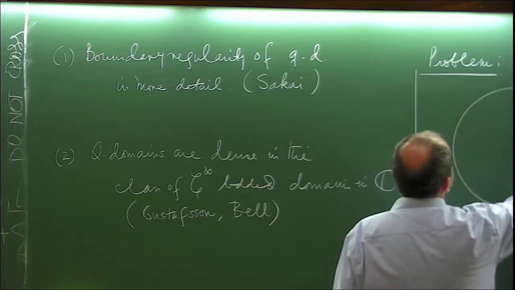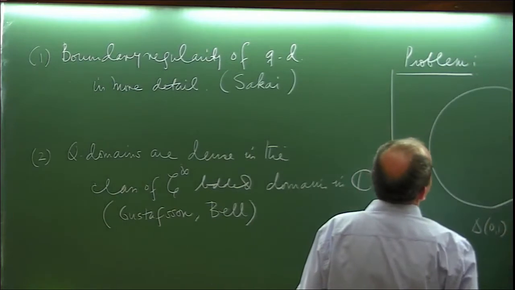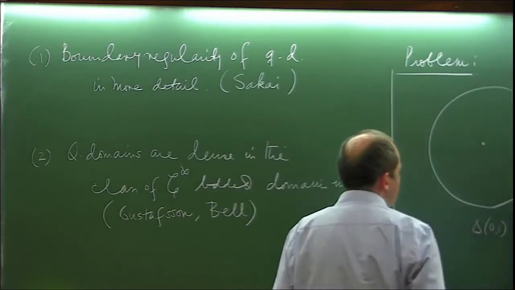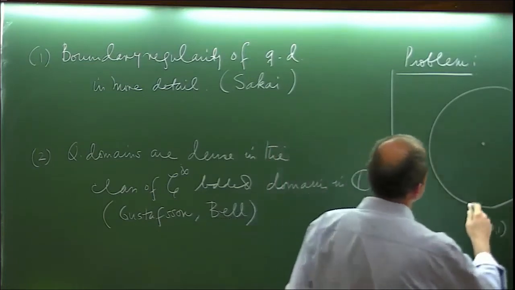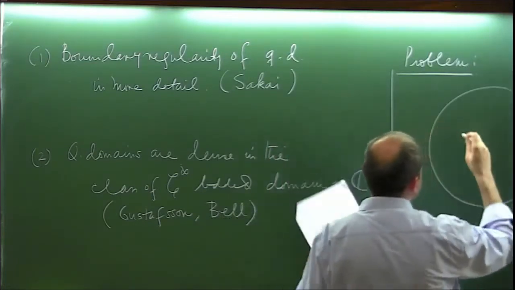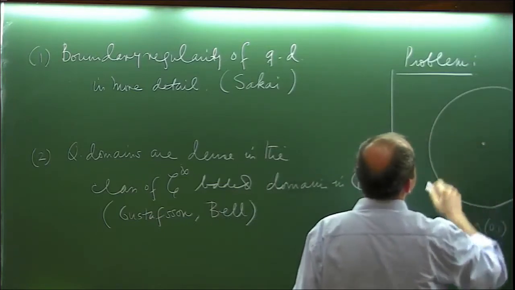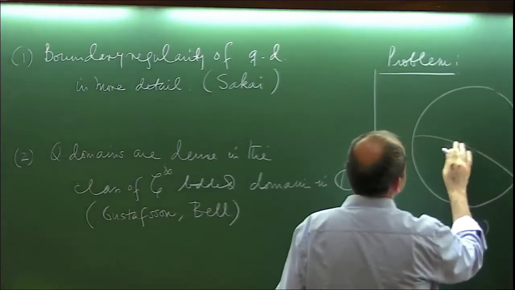I have the disk of radius 1 in C, and there is a certain subdomain of this. I'm not drawing the picture because, well, let me draw something anyway. This is too simple.